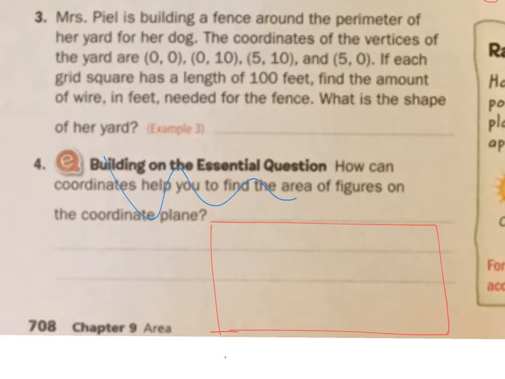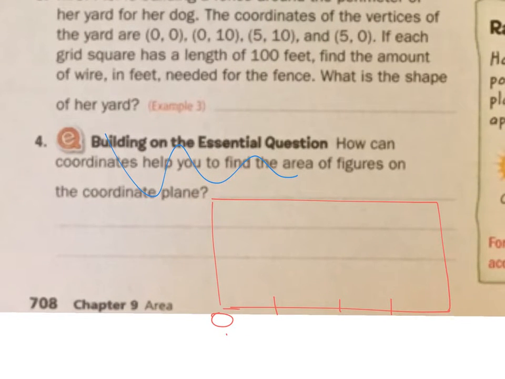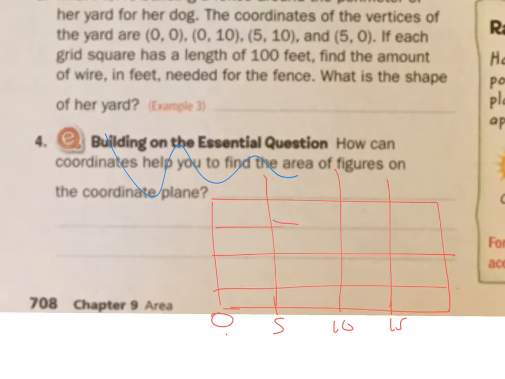So here's 0, 0, it's right here. Then we have 5, 10, 15. Let me move this up a little bit. There we go. 5, 10, 15. And then over here we have 5, 10, 15.